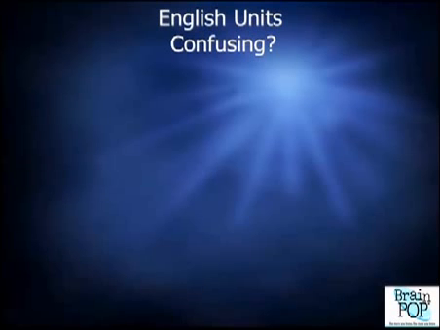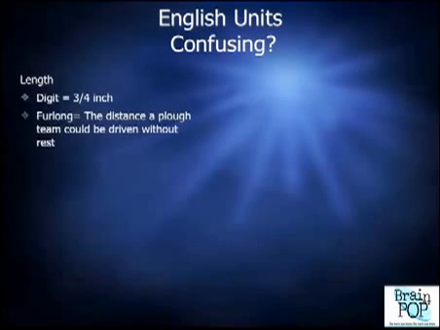Just as some examples of English units of length, a digit is an actual unit used in the English system. A furlong, have you ever heard of a furlong? That's an actual measurement, and it was derived from the distance that a plow team could be driven without rest.